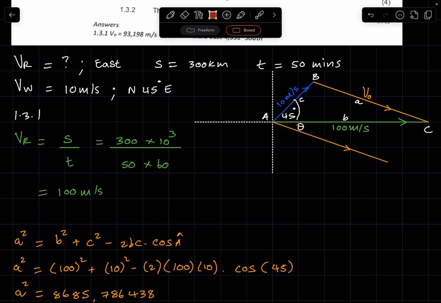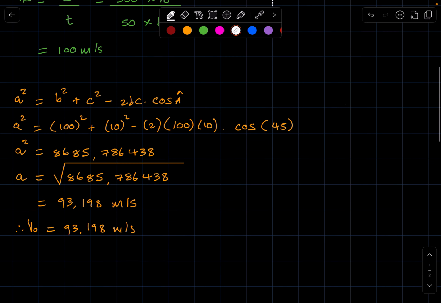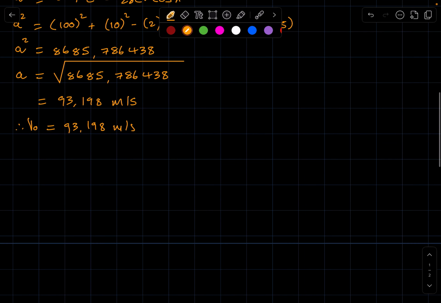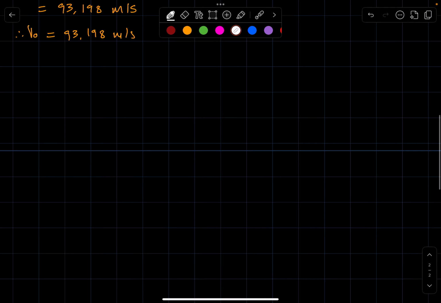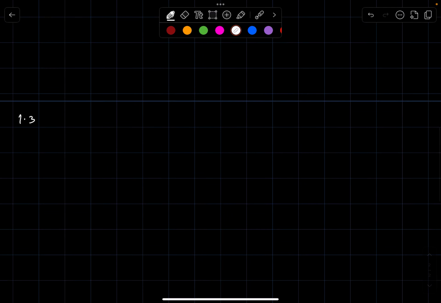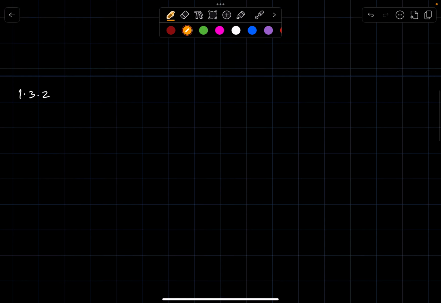So we are going to calculate angle C. This is 1.3.2. We are going to use the sine rule.